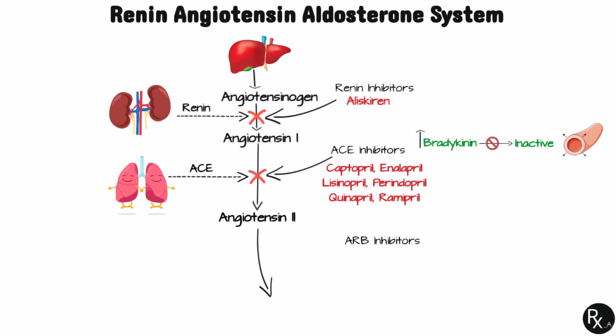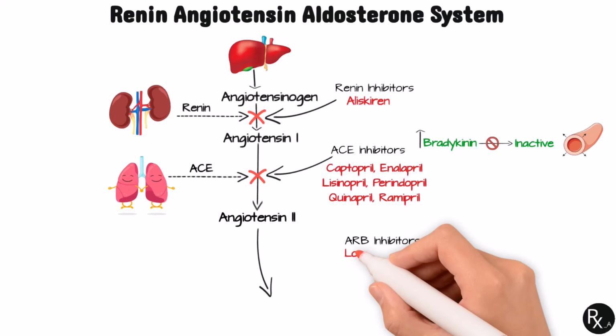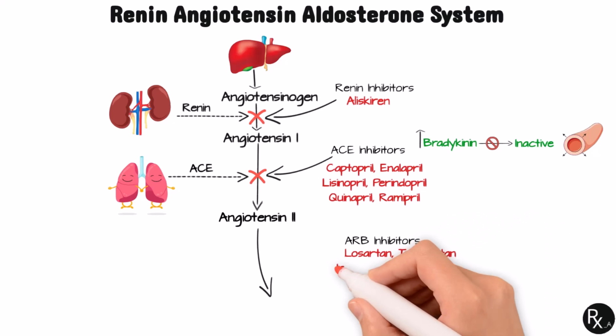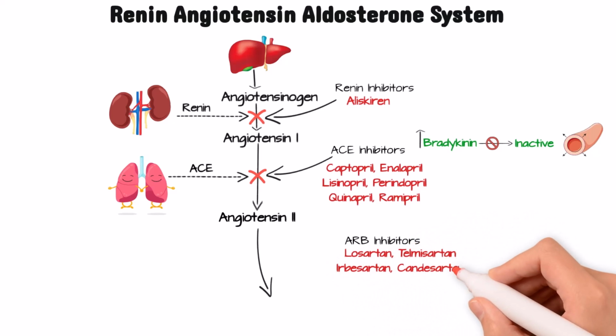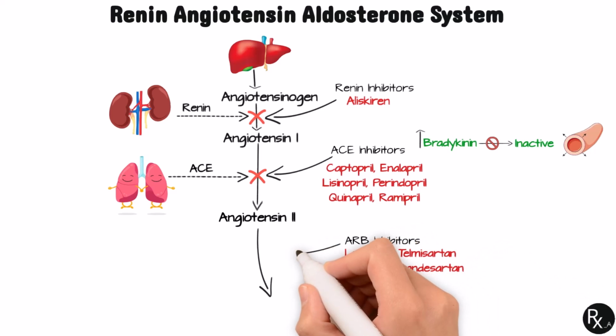Angiotensin receptor blockers, ARBs, a different class of related medications, also act on the same angiotensin pathway. This class of drugs includes losartan, telmisartan, irbesartan, candesartan, and olmesartan.